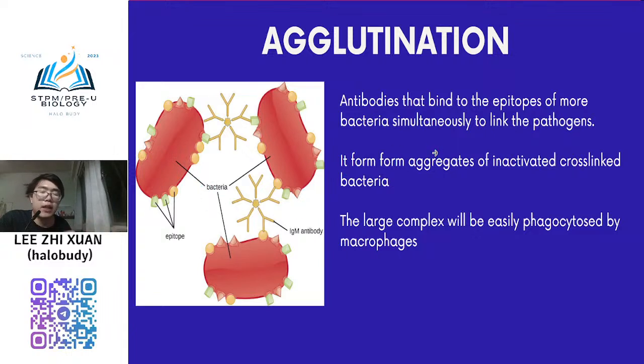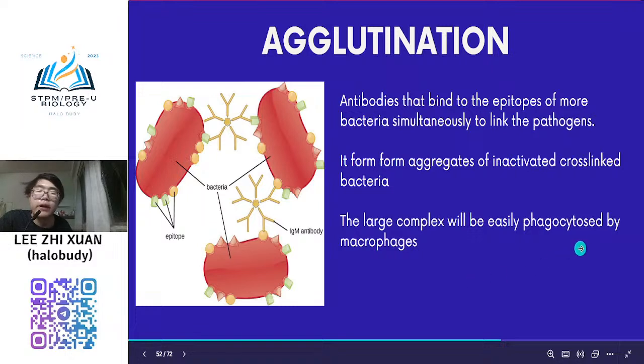Dia akan kumpulkan semua bacteria tu dalam satu tempat. You know that bacteria are organisms too, so they can move freely. So this antibody is like a policeman, tangkap semua bacteria tu kepada satu tempat, and then after that this large complex will be phagocytized by macrophage.